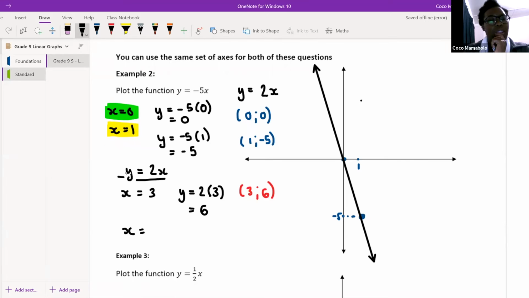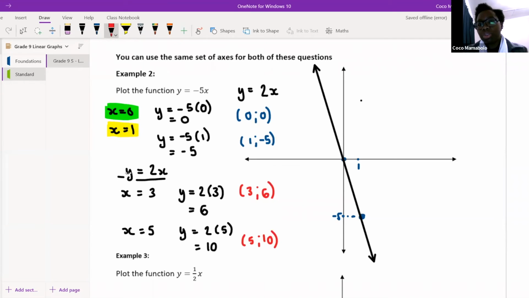Ma'am, can I choose for him? Yes, absolutely. Choose a value. 5. Okay, good. We're going to choose x to be equal to 5. So we're going to go y is equal to 2 multiplied by 5. And how much is that going to give us? 10. Okay, good, 10. So my other coordinate is going to be 5 and 10.